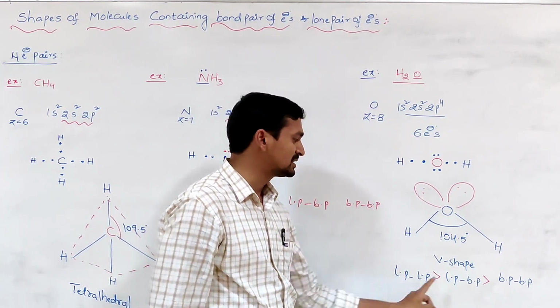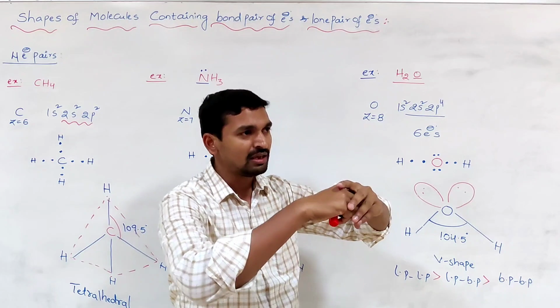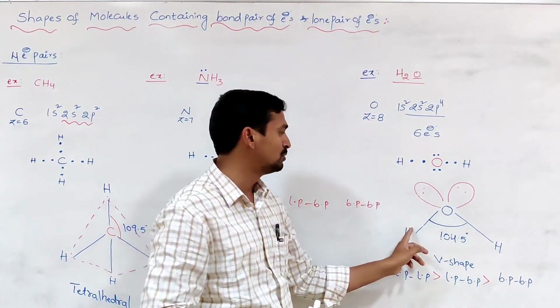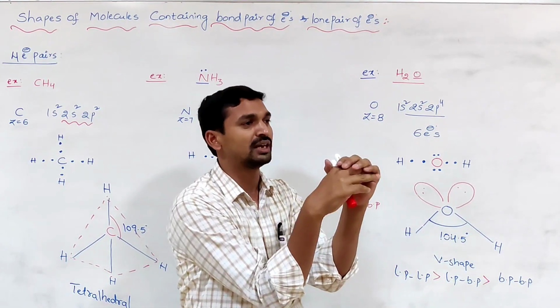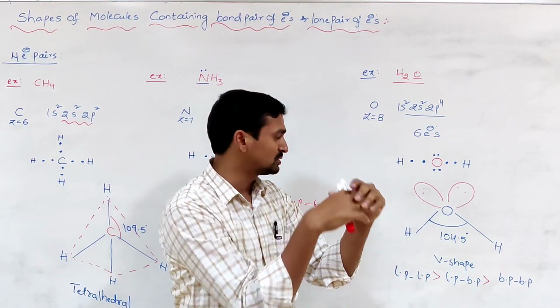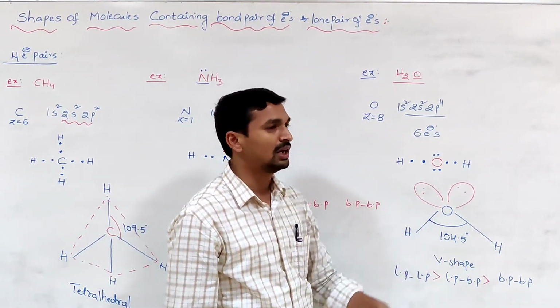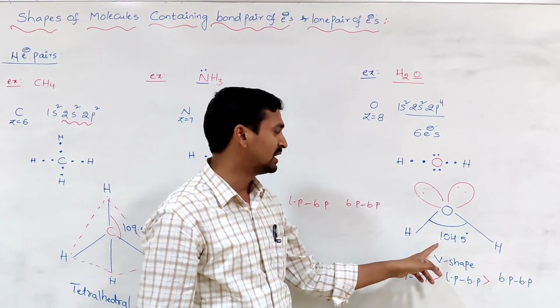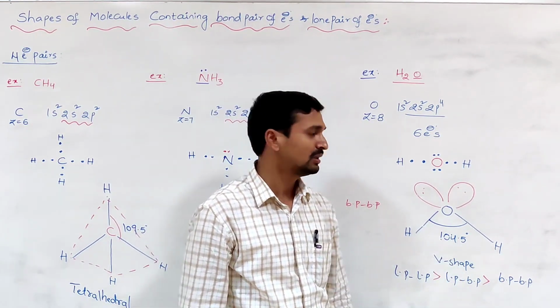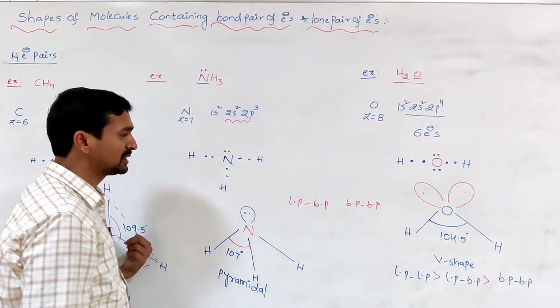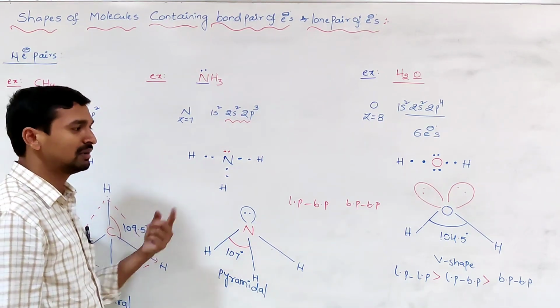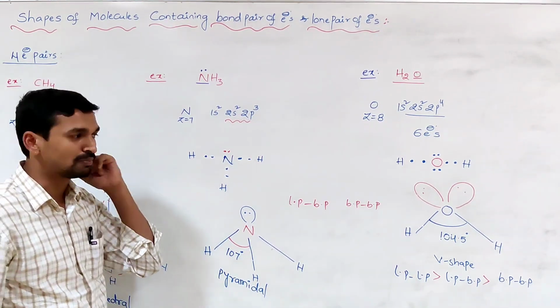Both these repulsions push the bond pairs of the two bonds close together. When they come very close together, the bond angle decreases. That's why in the water molecule, the bond angle is 104.5 degrees. Generally what we expect is 109.5, but the actual bond angle is 104.5.